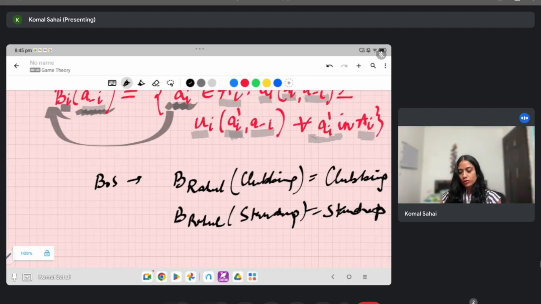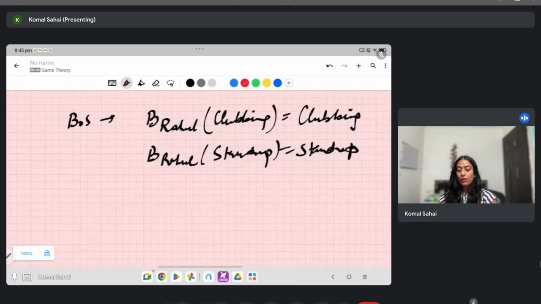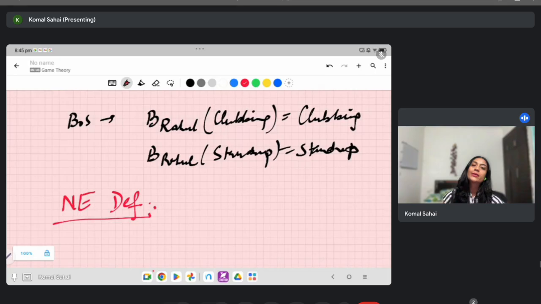ठीक है? So using this, we can give an alternative definition of Nash equilibrium. Right? So Nash equilibrium क्या है essentially? जहाँ पे हर कोई प्लेयर डिविएट नहीं करना चाहता है ना? कोई प्लेयर डिविएट कब नहीं करेगा? जब दूसरे प्लेयर का जो भी एक्शन है, उसके बेसिस पे सपोज प्लेयर जे का जो भी एक्शन है, given that if player I is choosing the best response, then player I will not deviate.